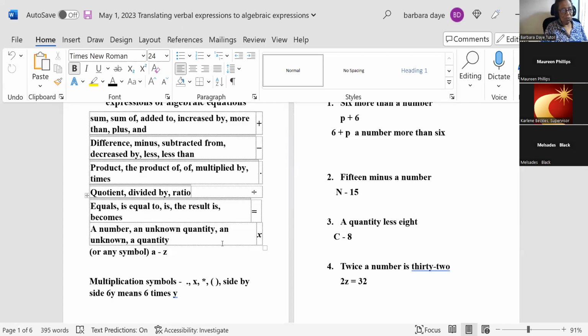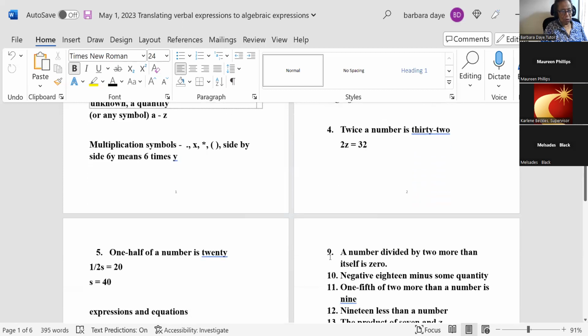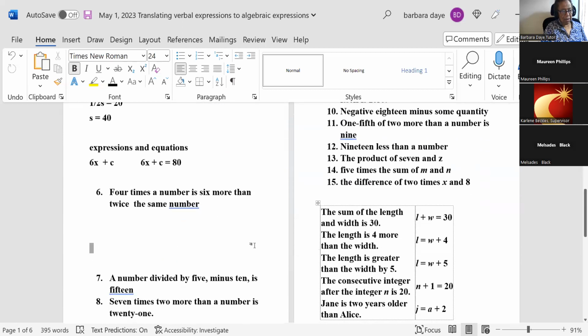Okay, so using those, you should be able to convert verbal expressions or equations to algebraic. We went through the first ones, and we are down here at number 6. Mercedes, look at number 6 and take a couple of minutes.